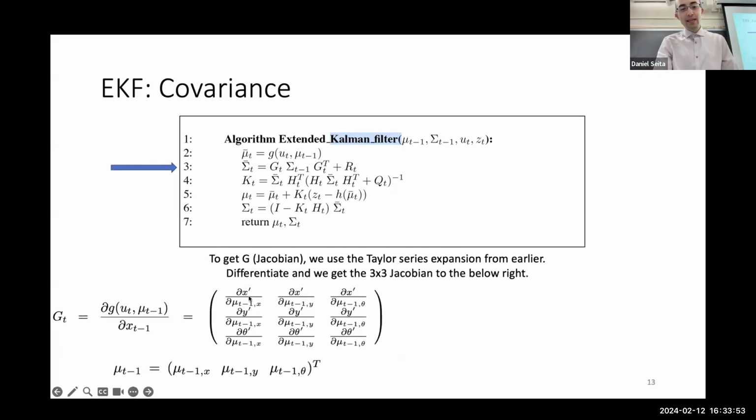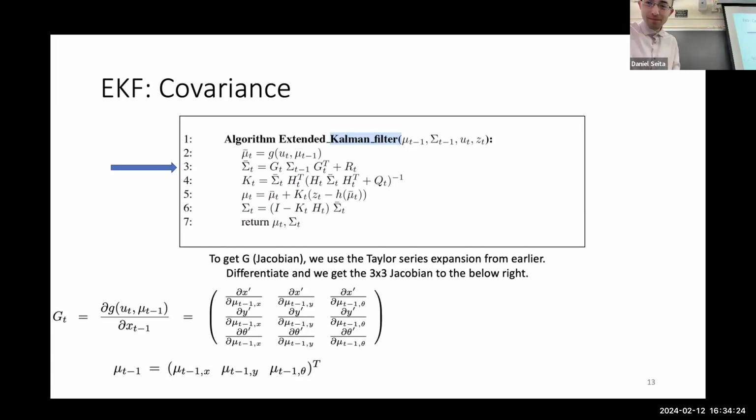That's why you have x prime in the top row, y prime in the middle row, and theta prime in the bottom row. When you differentiate with this term, it's just denoting which component of the output we're considering. Normally when you write out the definition of the Jacobian, it looks something like this.